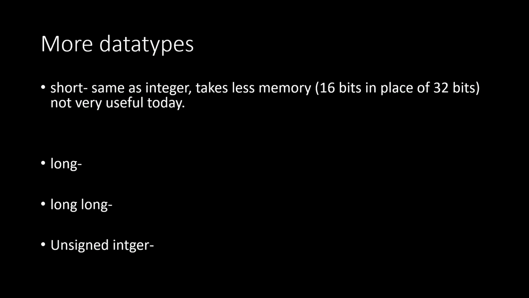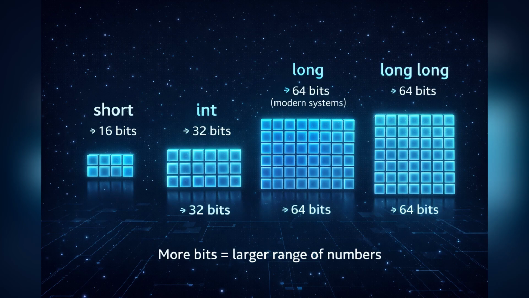All these things are not really used a lot. You can do most of your calculations using int itself, but sometimes when you need a data type that will store a larger number, just use long. A short uses 16 bits, and int jumps to 32. Long, on modern systems, is 64 bits.